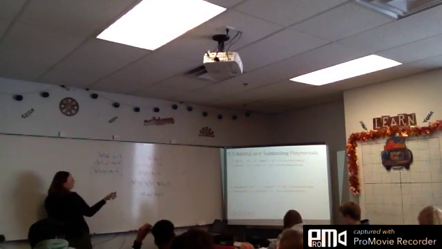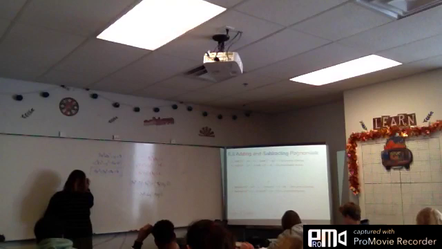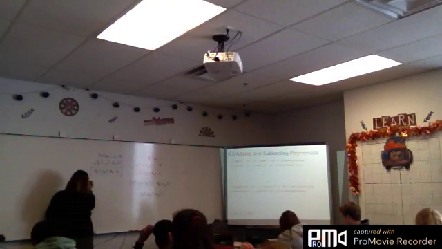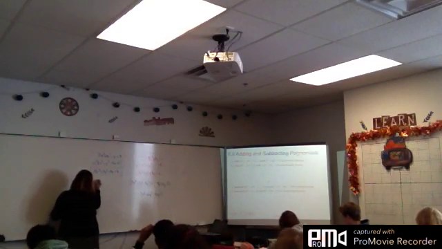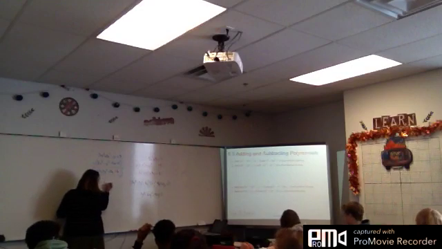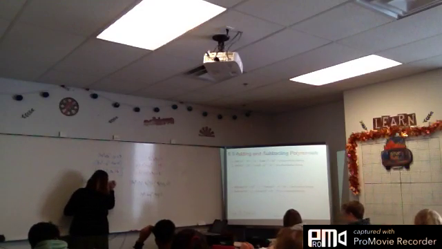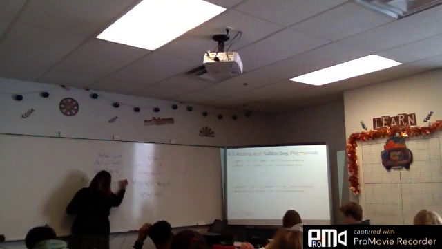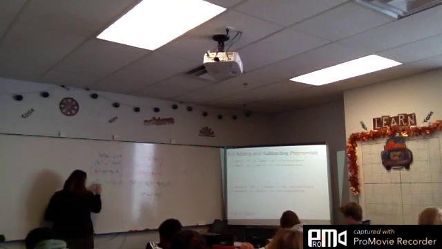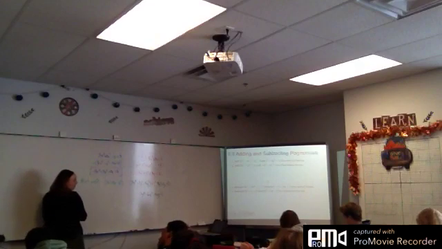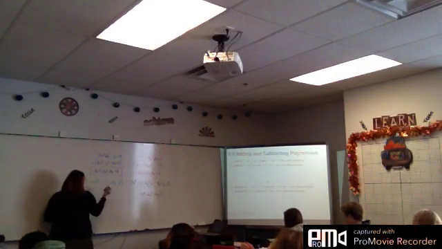Now, horizontal format of this. 5z squared minus z plus 3 minus parentheses 4z squared plus 9z minus 12. What is 5z squared minus 4z squared? Yeah, just z squared.